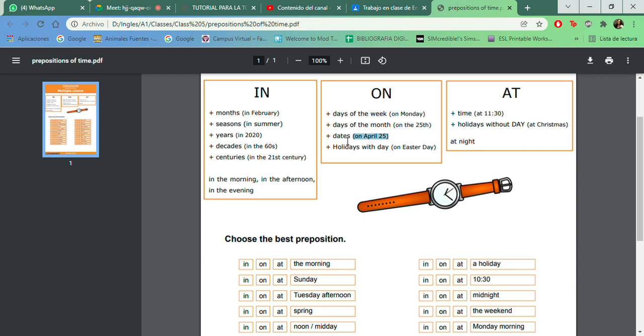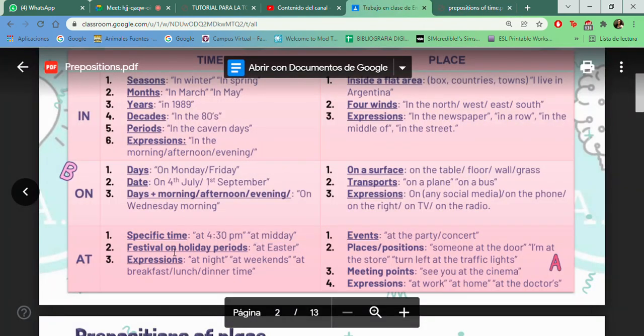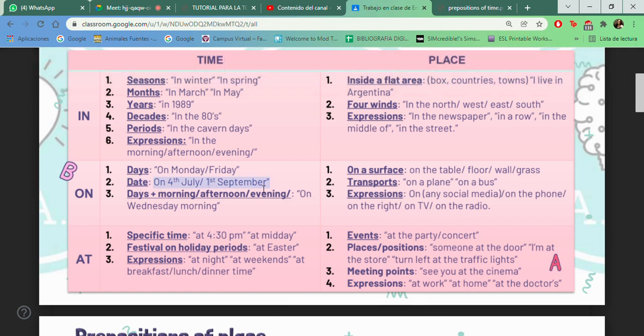Remember, for specific dates, on. It's a specific day. And if it has the ordinal number, it's the date. Yes, when it has the ordinal number, it's the date. On dates, it's a specific day. Days as well, on.